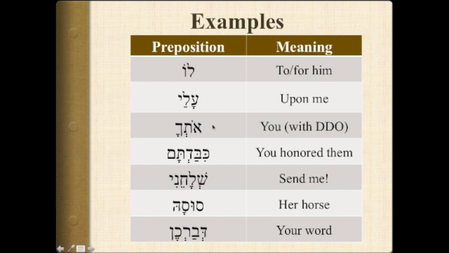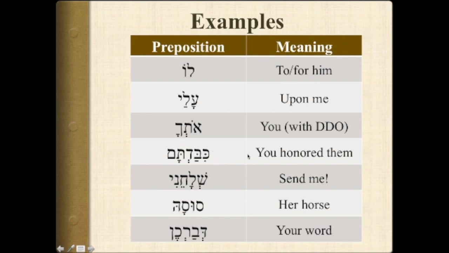Here's an example with the definite direct object. Again, we'll talk more about that later. But here, the pronoun is acting like a direct object. That's what that DDO is referring to. So otcha. Okay. Here it is attached directly to a verb.